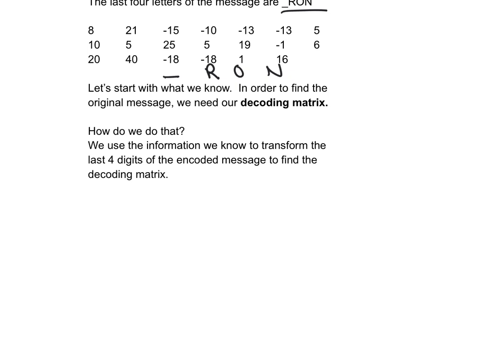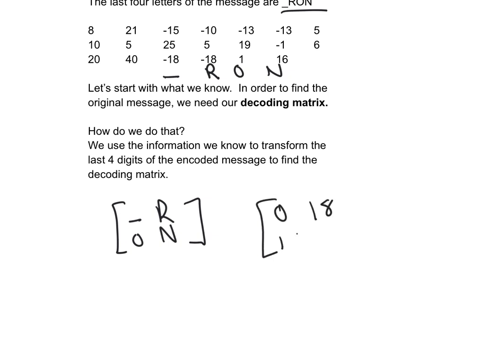So that space RON, a 2 by 2 matrix, would translate with the alphabet to 0, 18, 15, and 14. So there's what we know so far.